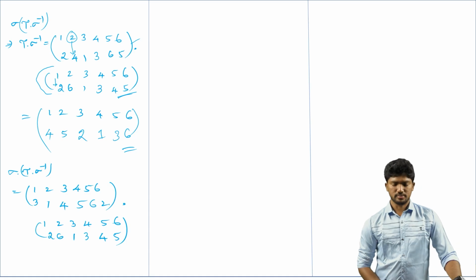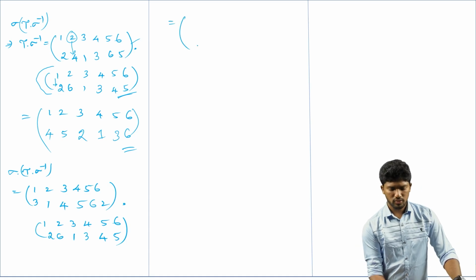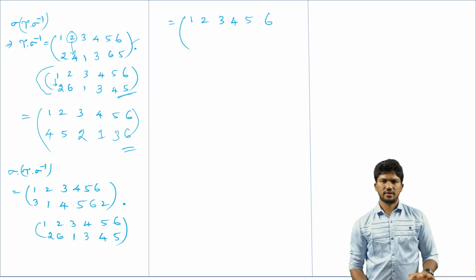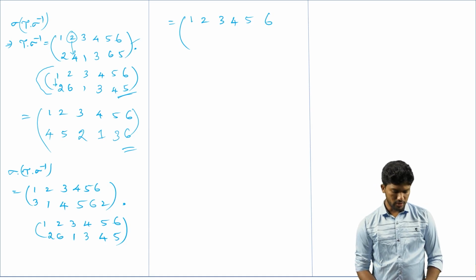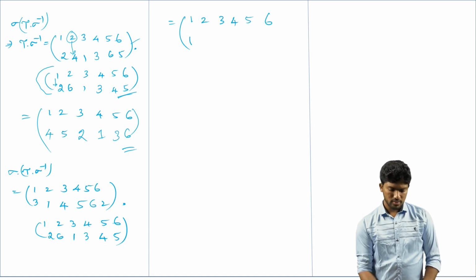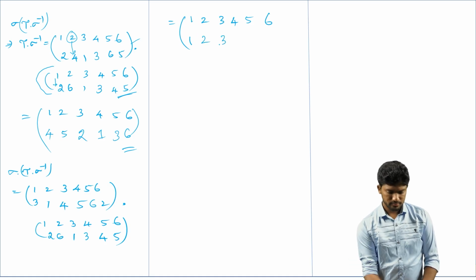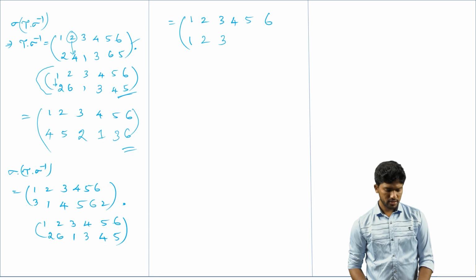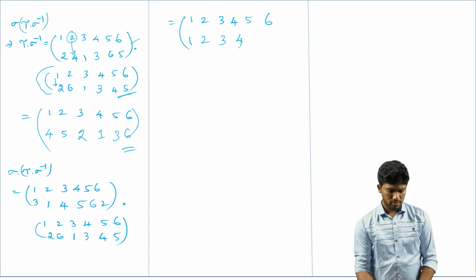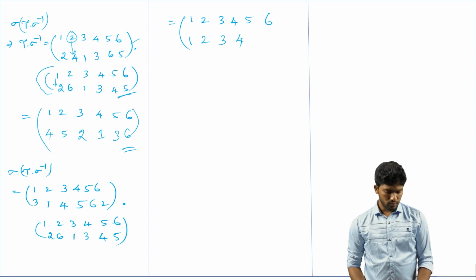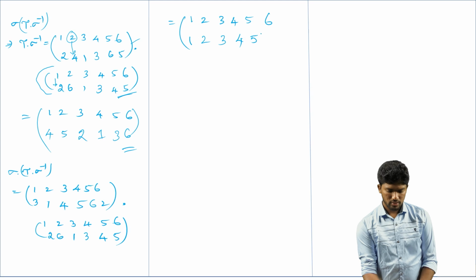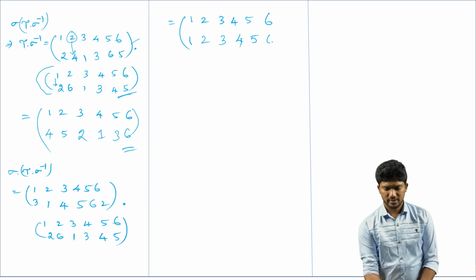So multiplication. If you do that, 1 2 3 4 5 6 is trivial, and next 1 2 2, 2 to 1, 2 to 6, 6 to 2, and 3 to 1, 1 to 3, 4 to 3, 3 to 4, and 5 to 4, 4 to 5, and 6 to 5, 5 to 6.